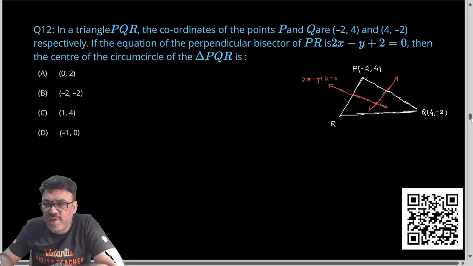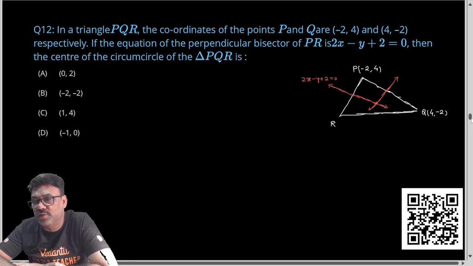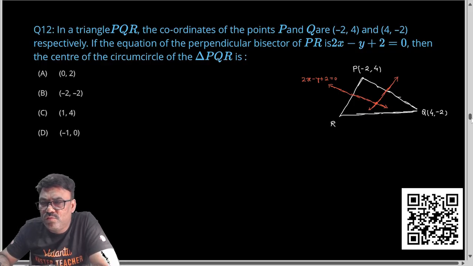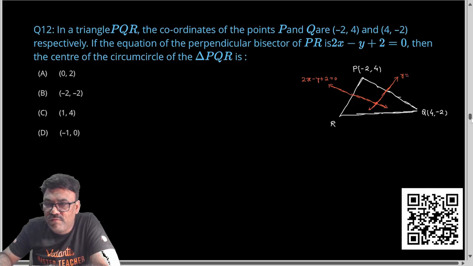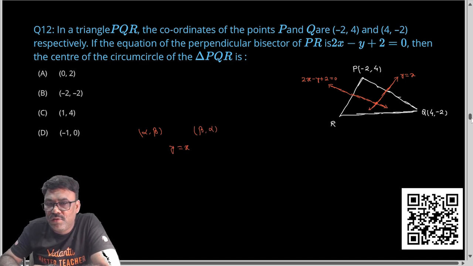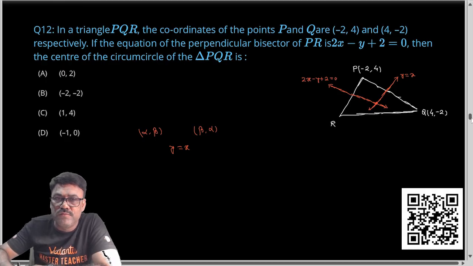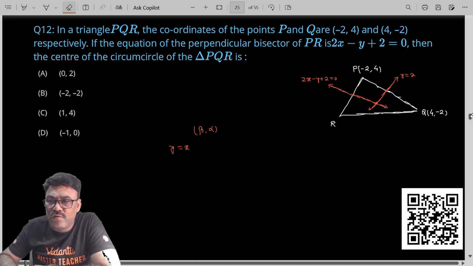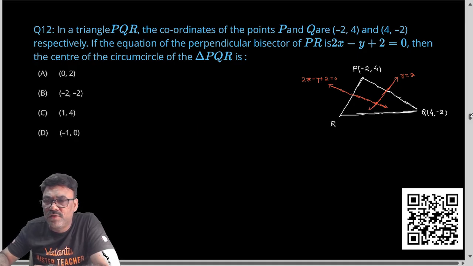You can see that (minus 2, 4) and (4, minus 2) are mirror images of each other with respect to the line y equals x. In fact, you should keep in mind that (alpha, beta) and (beta, alpha) are mirror images of each other with respect to the line y equals x. This means y equals x is the perpendicular bisector of the line segment joining these two.